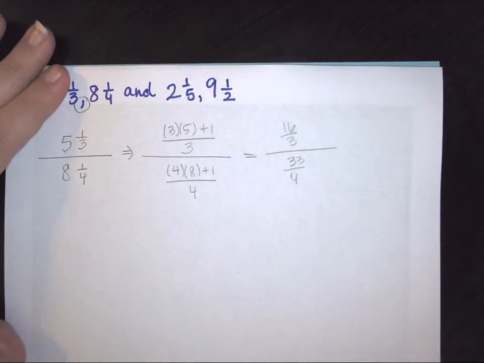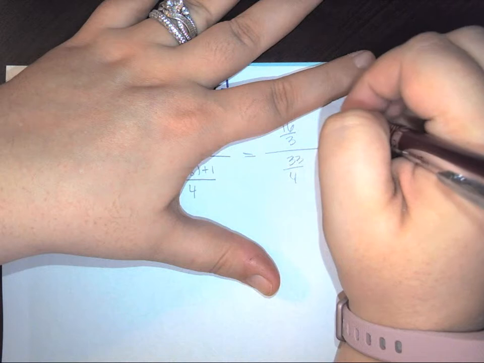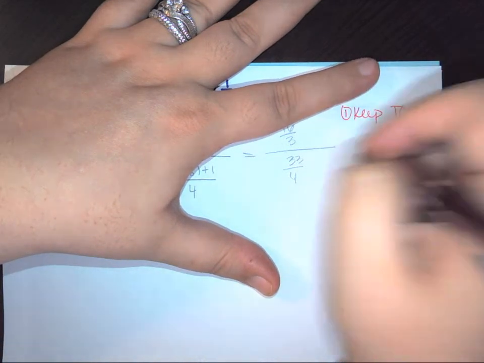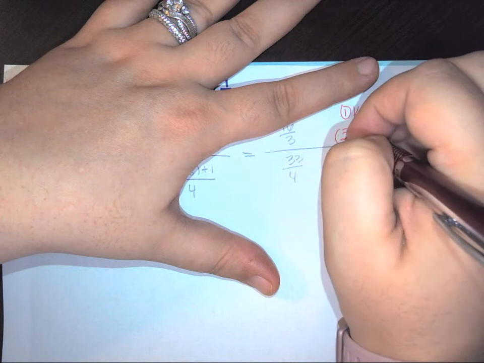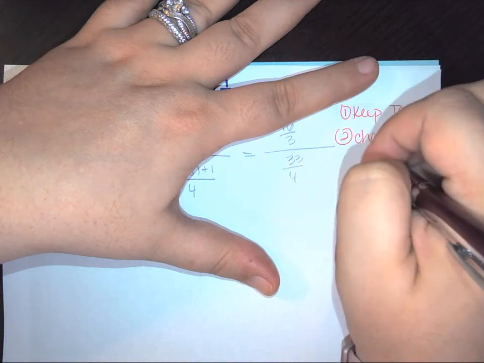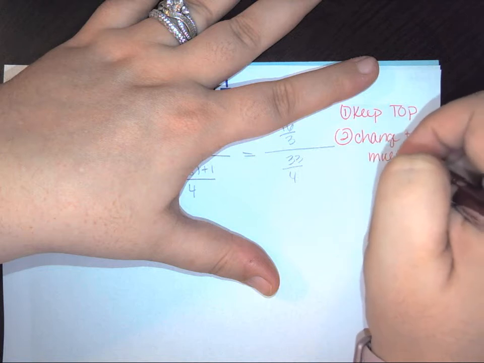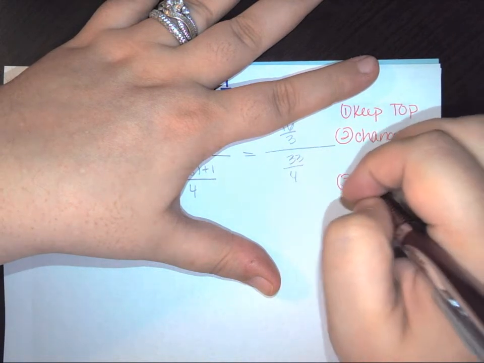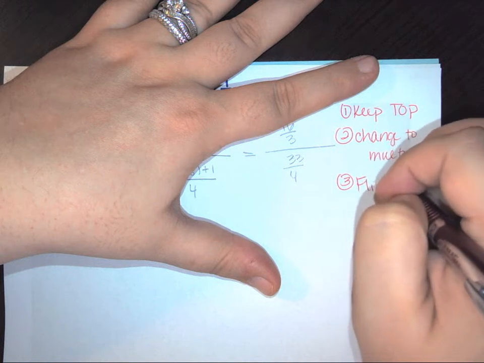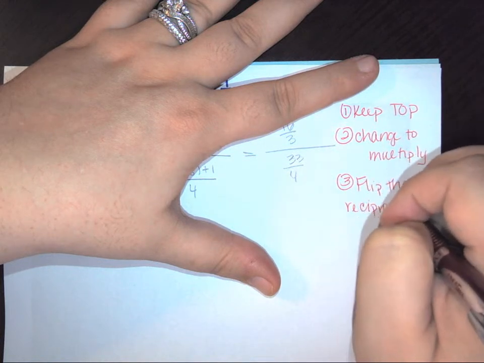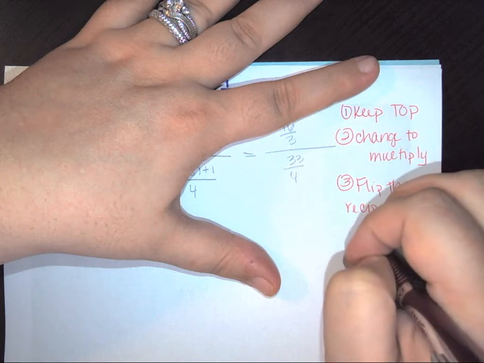So our fraction rules say first you're going to keep the top, then we're going to change to multiply, and last we need to flip the reciprocal of the bottom.